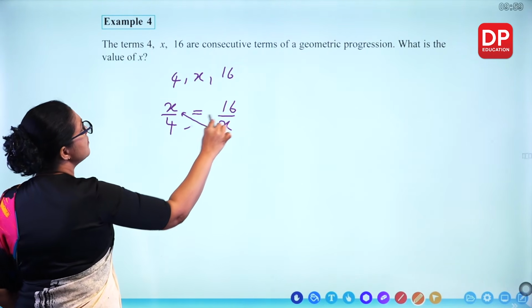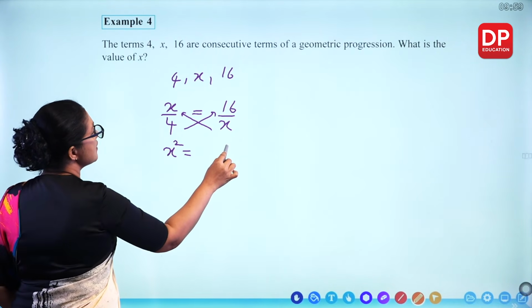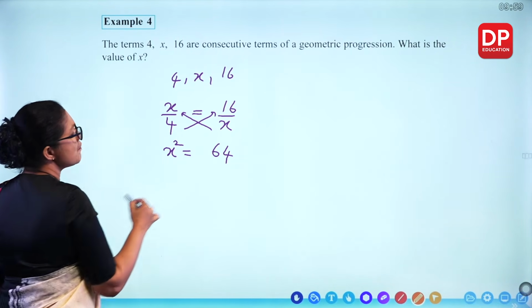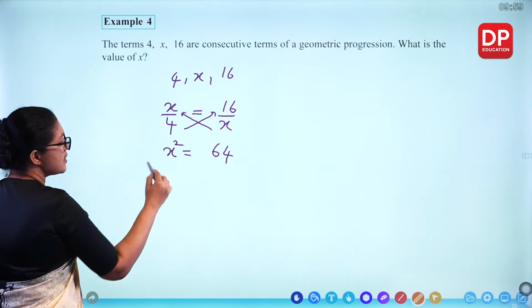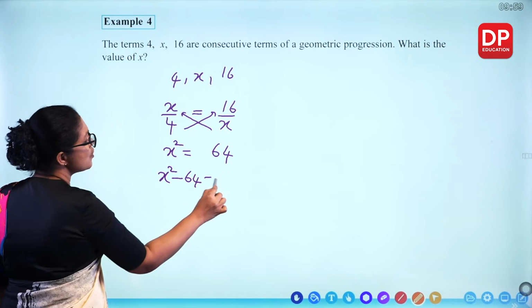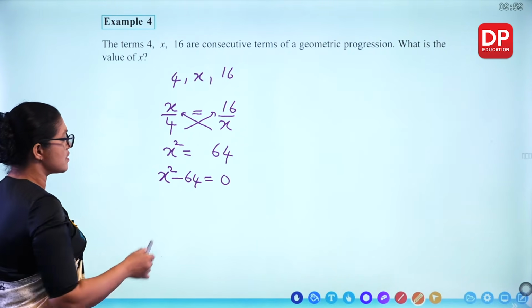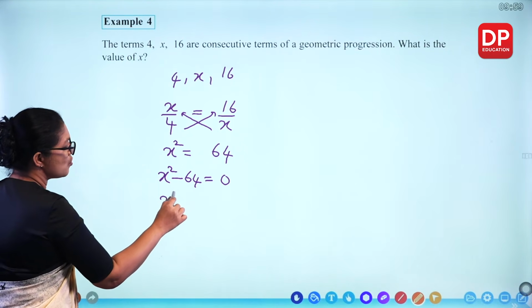Cross multiply, x into x, x squared, equals 4 times 16, 64. Then you can take it to the other side. x squared minus 64 is equal to 0. This is solving quadratic equations. This is the difference between two square terms.